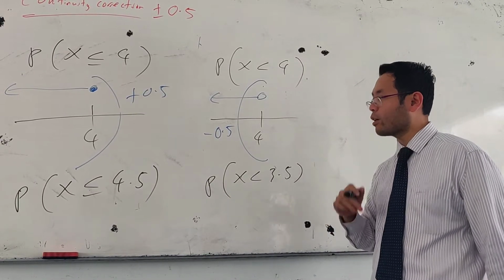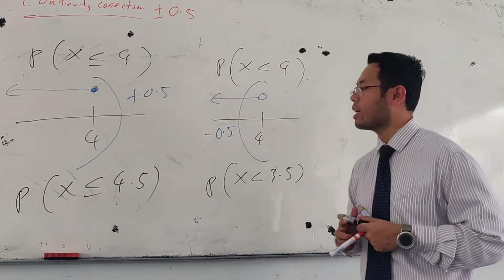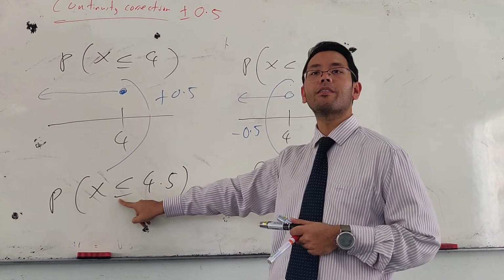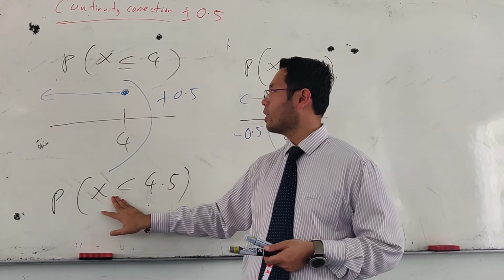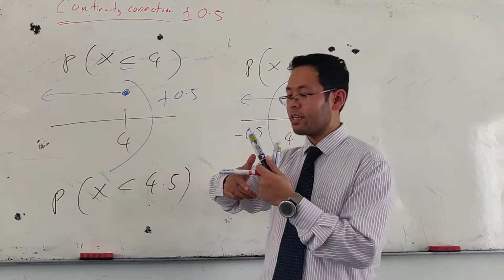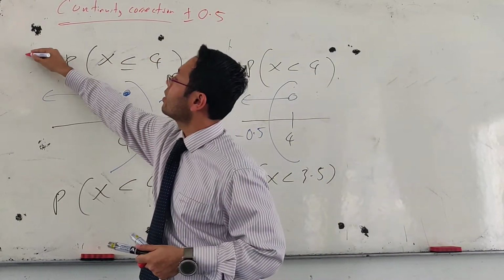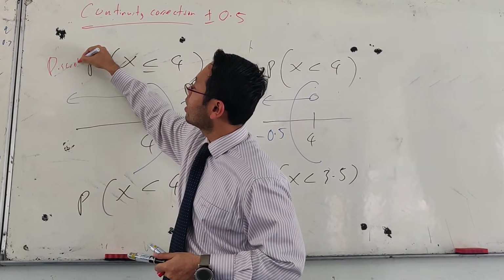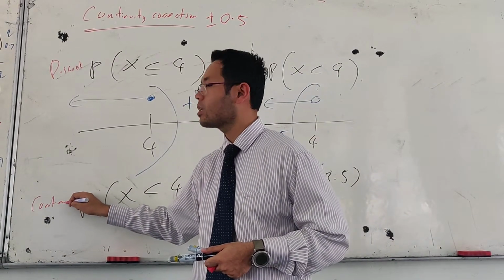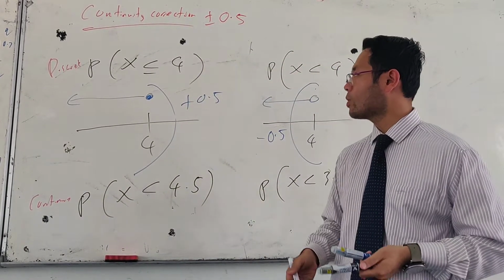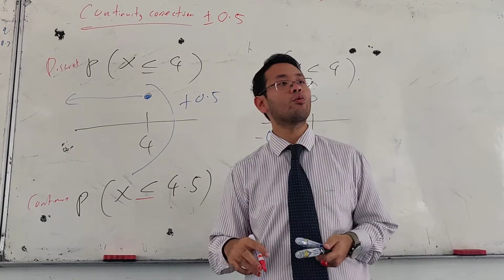Alright, there's one slight question. Sir, should I still put include equal over here, sir? There are many ways to look at it. Because this is still in the case of discrete. After continuity correction, it becomes continuous. So when it comes to continuous, it doesn't really matter whether there's an equal or no equal.